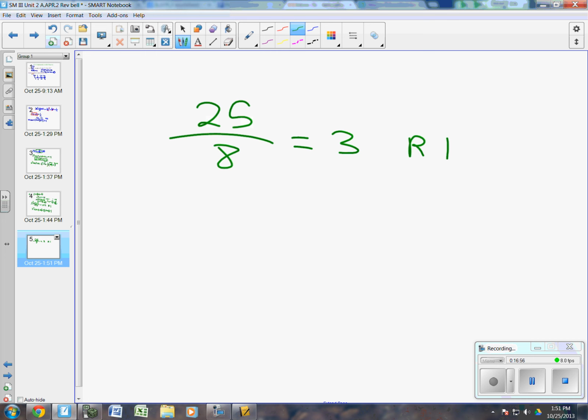Because could I rewrite this as this, you guys? 25 equals the quotient times the divisor, 8, plus the remainder of 1. Could I write it that way? 3 times 8 is 24, plus 1 is 25, right? So it's the same thing, except we're using polynomials to do it rather than real numbers. That's what I'm trying to get you guys to see.